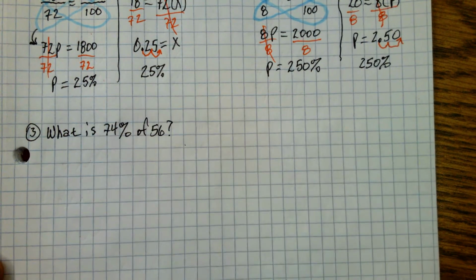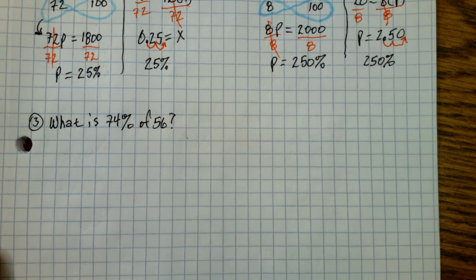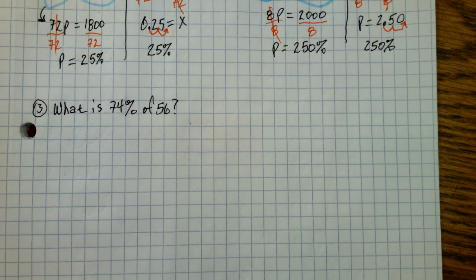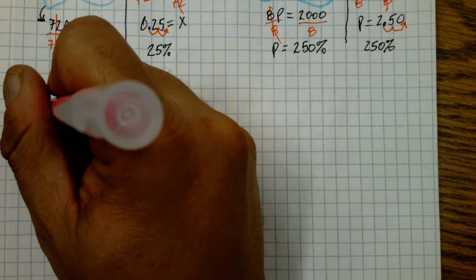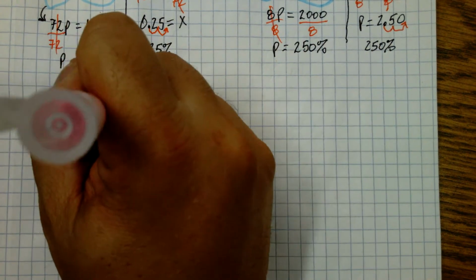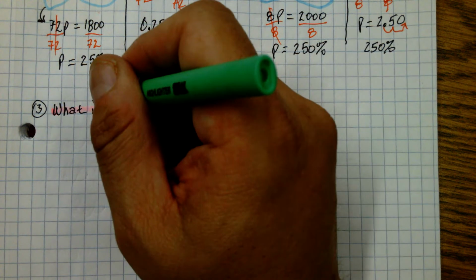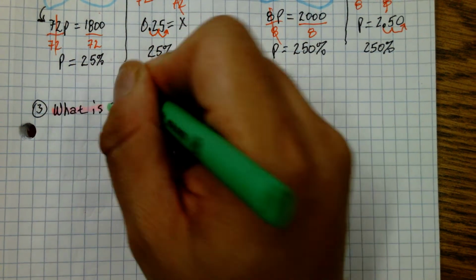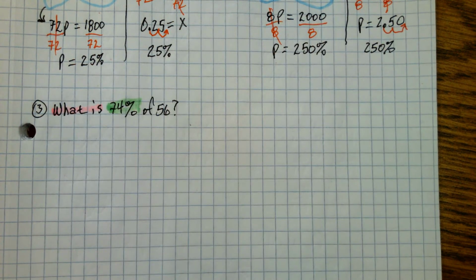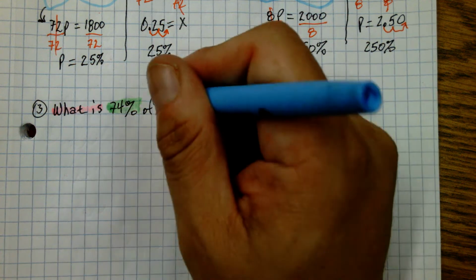Question mark. All right. Let's see. We have what is. Then we have 74%. And then we have of 56.